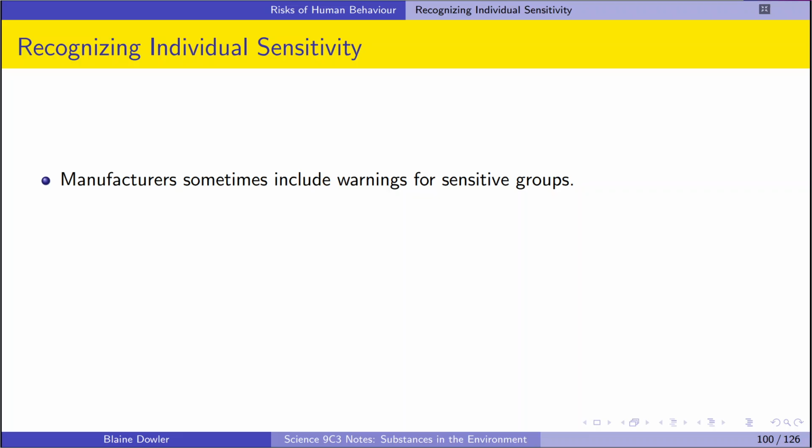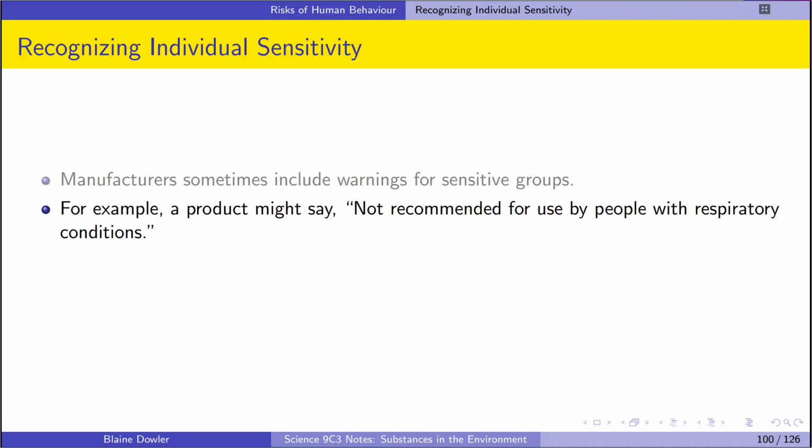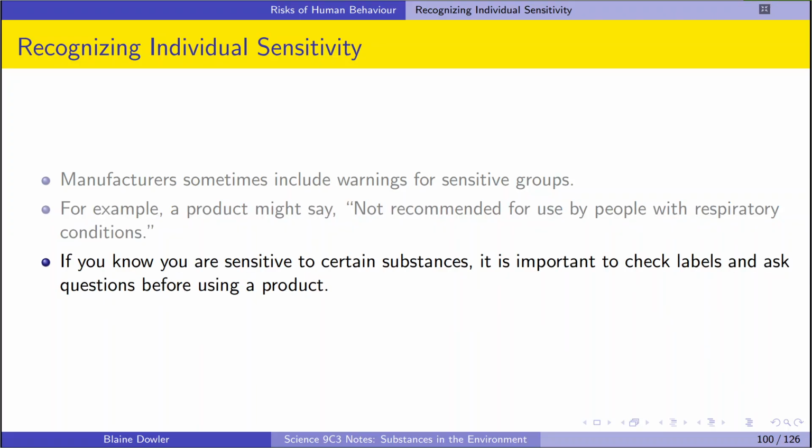Manufacturers sometimes include warnings for sensitive groups. For example, a product might say, "Not recommended for use by people with respiratory conditions." If you know you are sensitive to certain substances, it is important to check labels and ask questions before using a product.